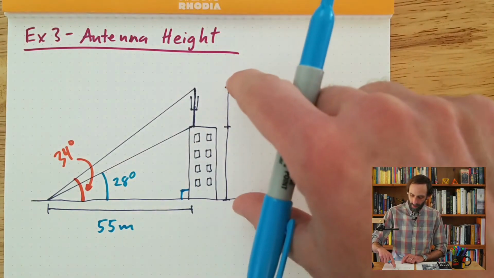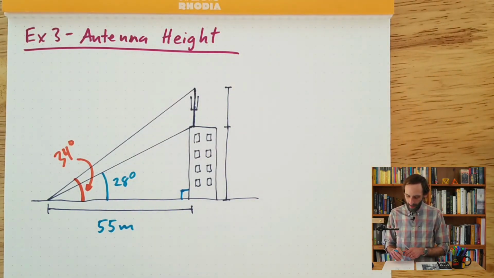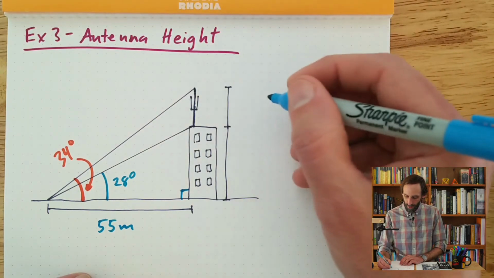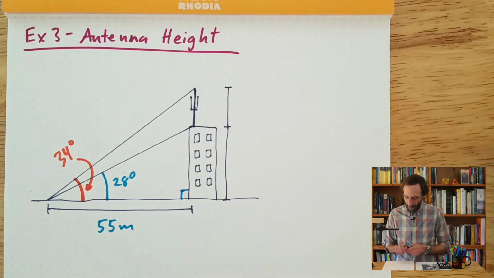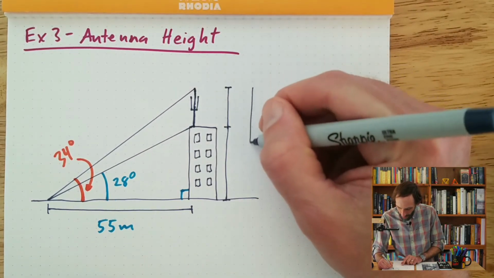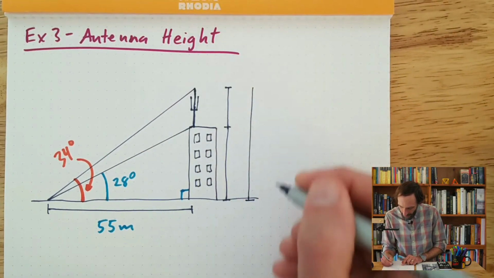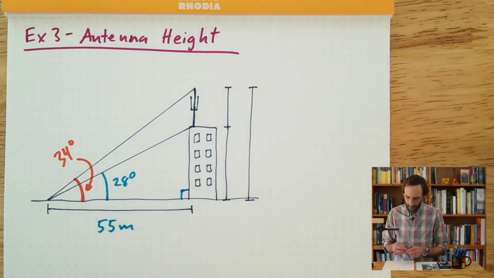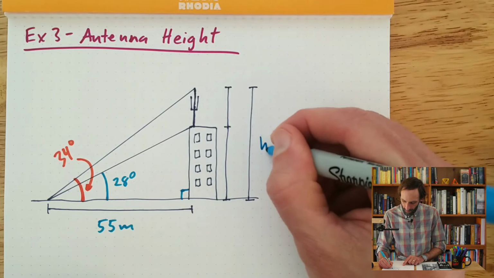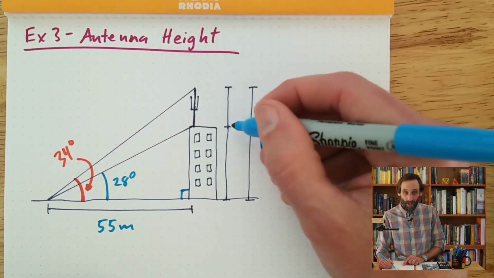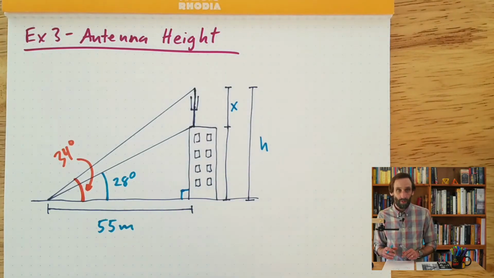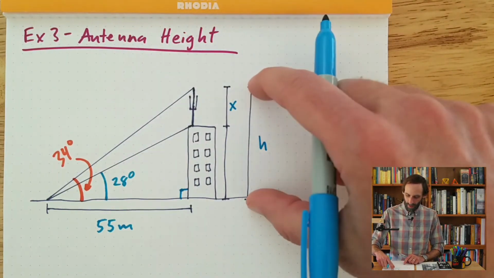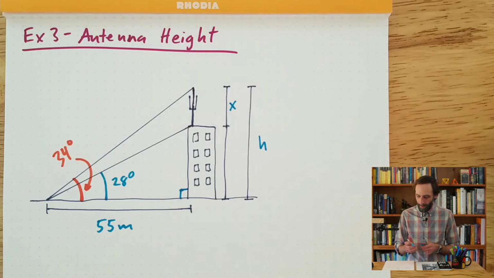Now I'm going to label a couple things here. So first of all, I want to label the overall height, and let me actually draw that in. Right, so we have the overall height of the building plus the antenna. Okay, so let's go ahead and label that H, and then let's label just the height of the antenna X. We'll want to use two different variables here because this height obviously is not the same as that height.